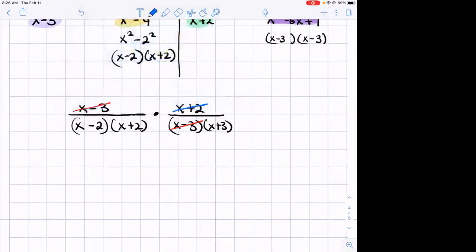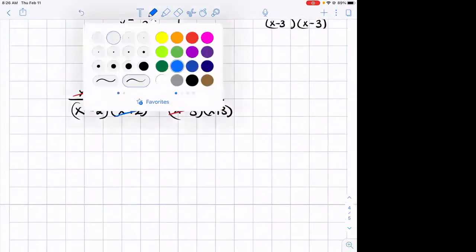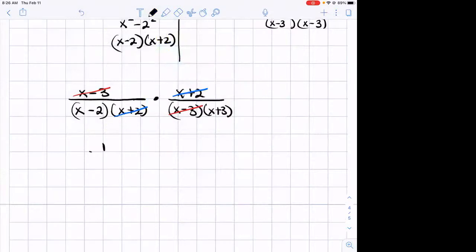So this x plus 2 can cancel with that x plus 2. And there's nothing in the top other than a 1. So what I'm left with here is 1 over x minus 2 times 1 over x plus 3. So be careful. When you cancel, it doesn't mean nothing is left. There is a 1 there.